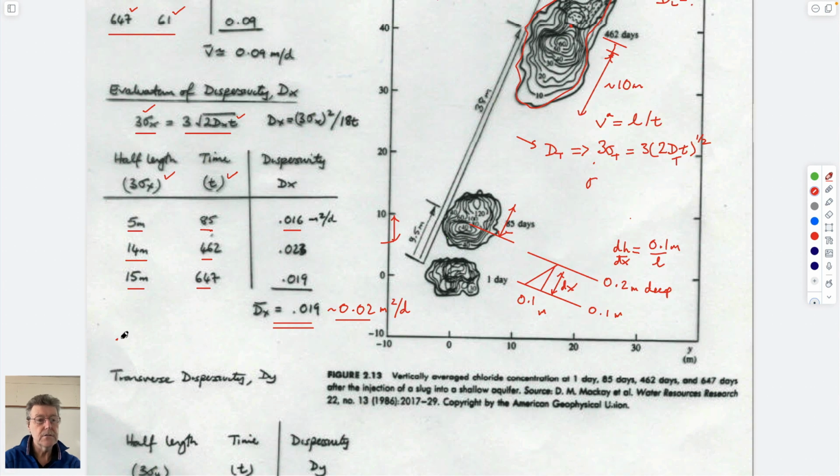We're getting 2 times 10 to the minus 2 meters squared per day. How many seconds in a day? Oh, he's good. I was going to say 10 to the 5, but it is 86,000.